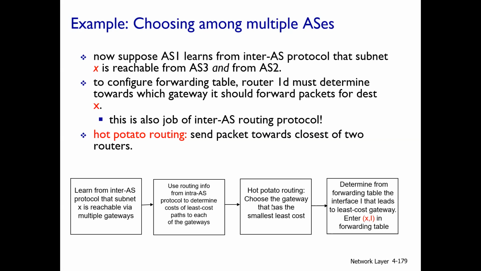So you have an interplay of both the inter-autonomous system routing protocols such as BGP, as well as the intra-autonomous system routing protocols such as OSPF or RIP, जिसके जरिए से ये entry ultimately build होगी आपके forwarding table के अंदर.